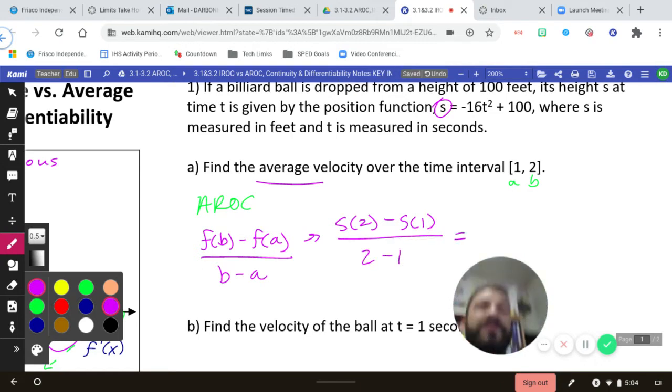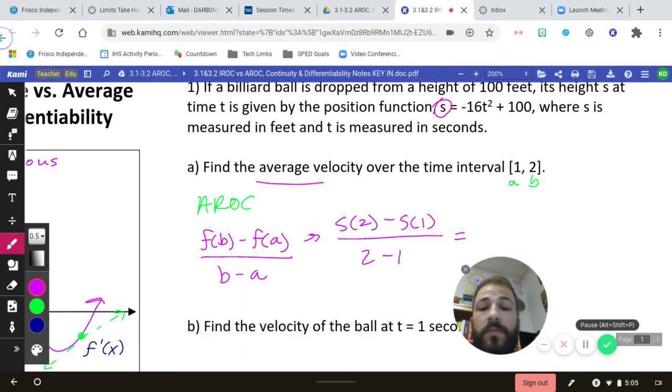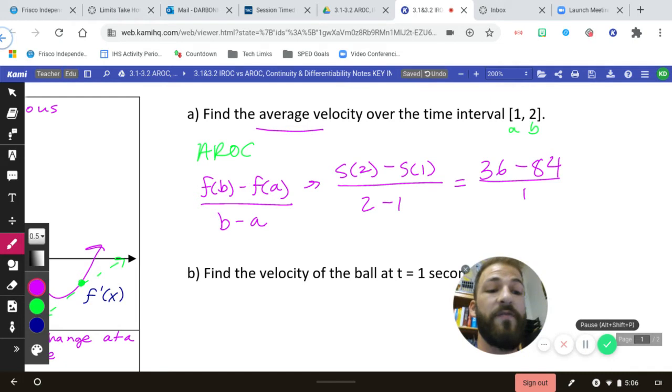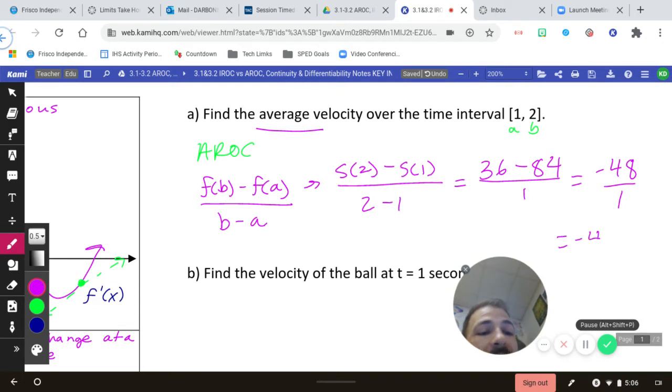So s of 2, plug it into your equation. Okay, for time's sake, I'm just going to give you these values. So we would get 36 minus 84 over 1, which equals negative 48 over 1. So we get negative 48.